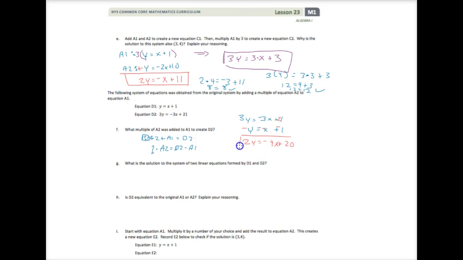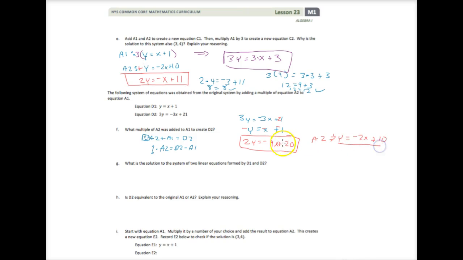And that's all good. All right, now the thing is that that's what something times A2 equals. And if we look at what A2 was, A2 is y equals negative 2x plus 10.